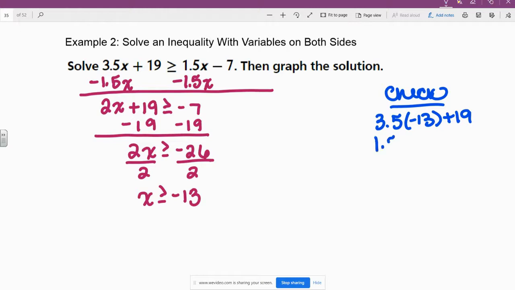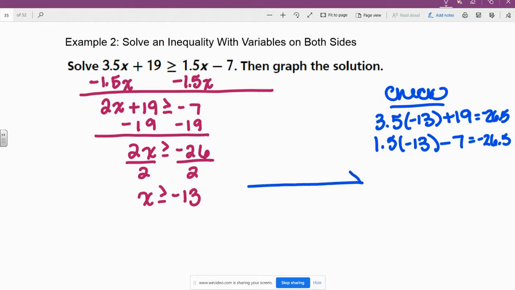And if I take 1.5 times -13 and subtract 7, they should give me the same answer. So 3.5 times -13, add 19, I get -26.5, and 1.5 times -13, subtract 7 more, I get the same thing. So -26.5, which means that my -13 is the right value.